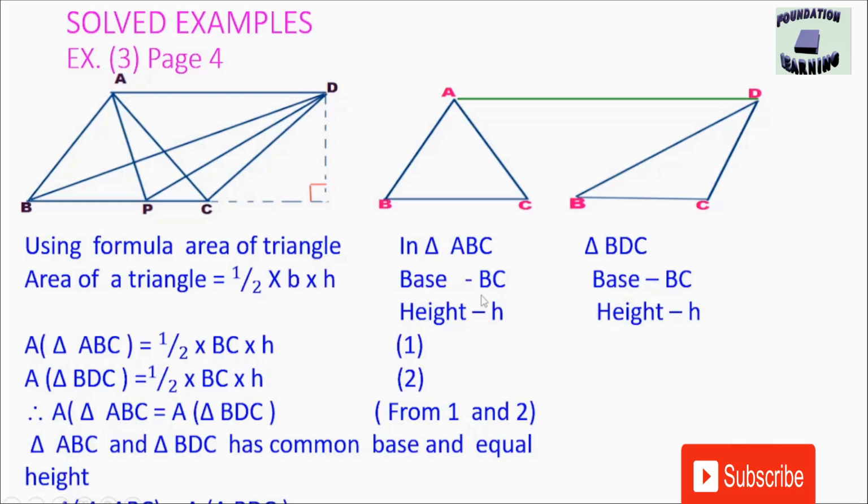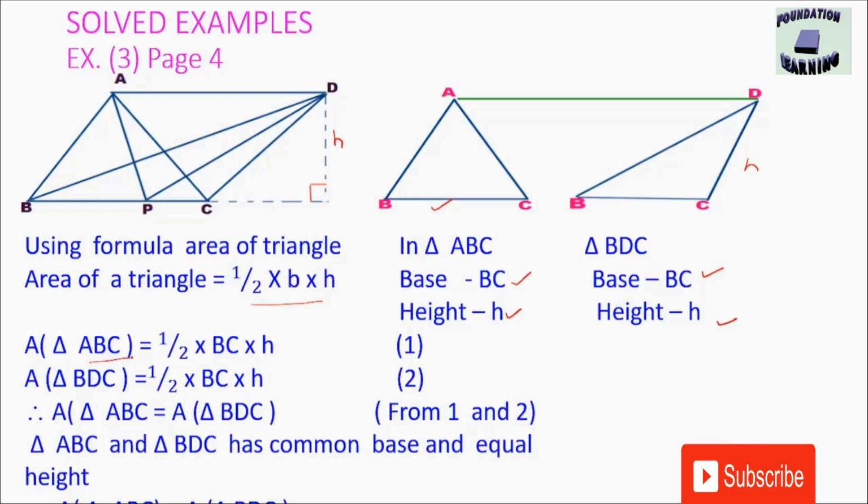Okay, so here you are using the formula for the area of a triangle. How will you find it? Half into base into height. So what is the base? Base is BC of triangle ABC. Height is h for everything. And for BDC again you have h only here, common height. So base is BC and height is h.